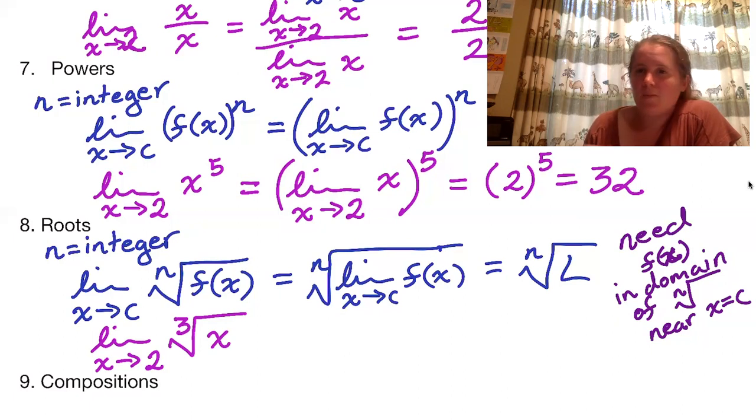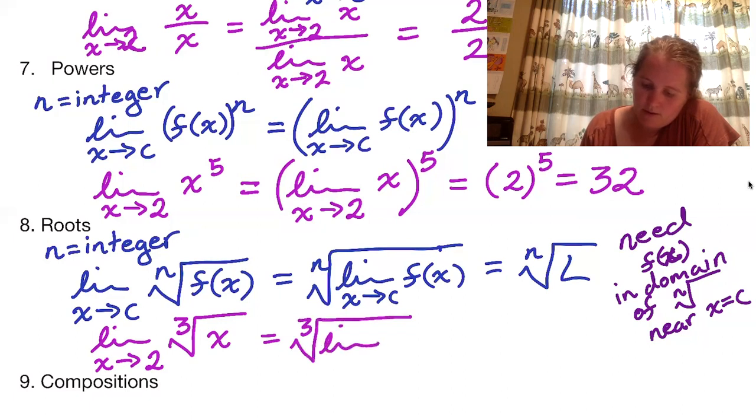So cube root, we don't have any issues with what's inside. We don't need to worry about the domain. And we are looking at the cube root of the limit as x approaches c of x, x approaches 2 of x, or the cube root of 2.